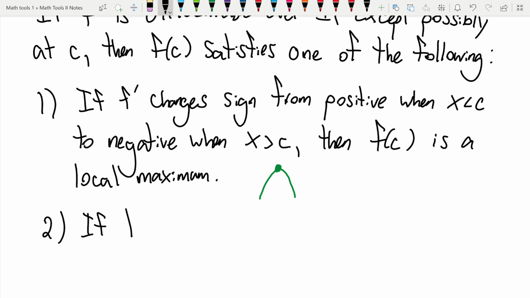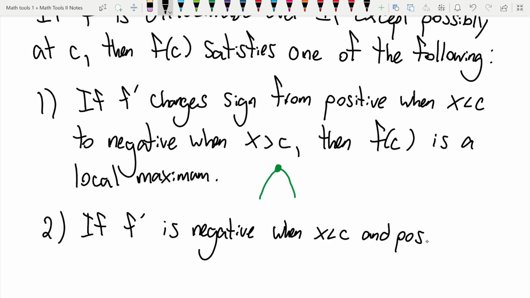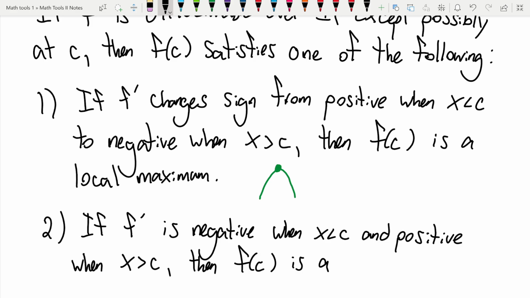So 2, if f prime is negative when x is less than C, and positive when x is greater than C, then f of C is a local minimum of f.